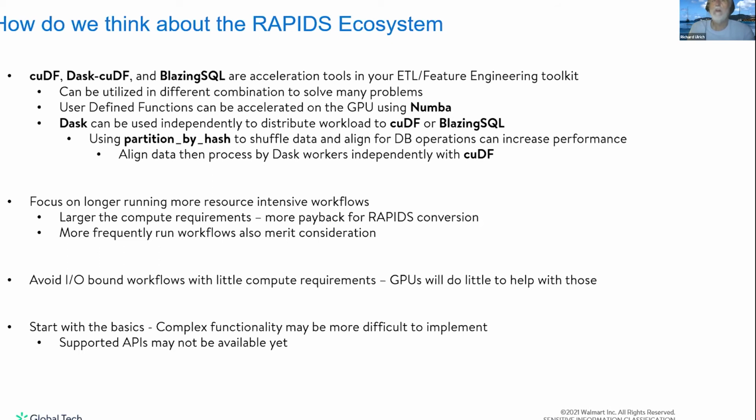Another thing that we've learned is we try to focus more on our more resource intensive workflows. We have a large amount of data, and in some of them we do a lot of computational operations. Some of them we don't do as much. They're more IO bound. So we've started honing in more on the ones that are more computational, because those are the ones that really see the benefits of moving towards accelerated compute.